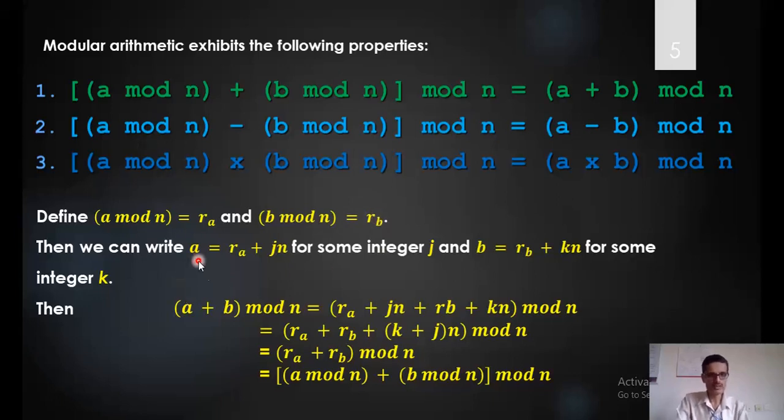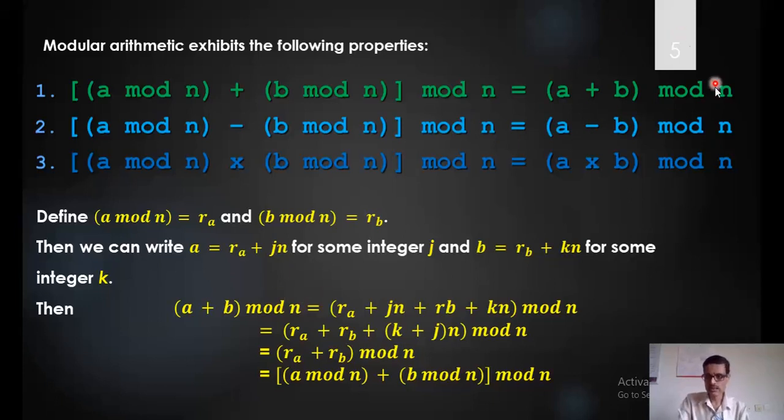By using the division algorithm, A is equal to RA plus Jn, where J is an integer which represents the quotient, RA is the remainder, and n is the divisor. Similarly, B is equal to RB plus Kn, where K is the quotient of this particular operation.